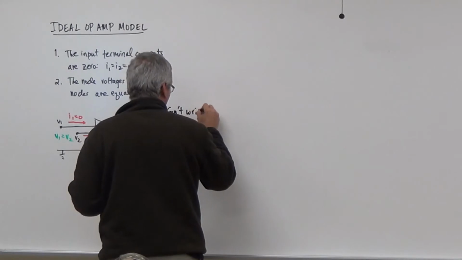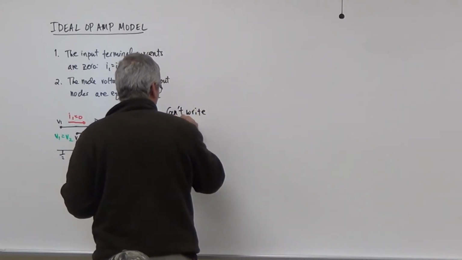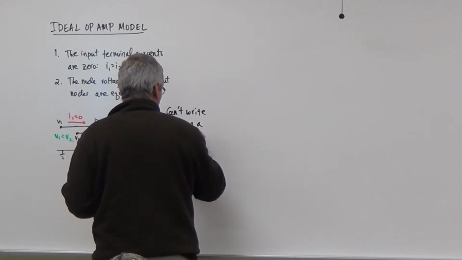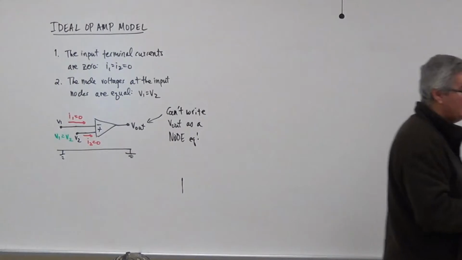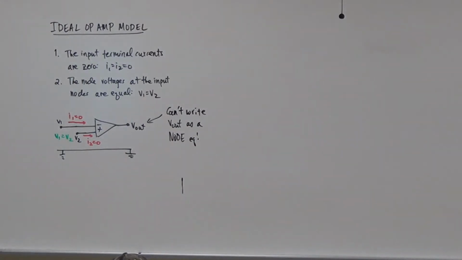And one last thing that we should really say here is that you can't write V out as a node equation. Okay? You can't write those out. And the reason is, remember, V out is the voltage source. Right?